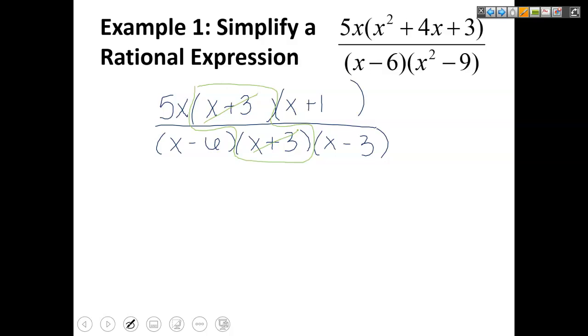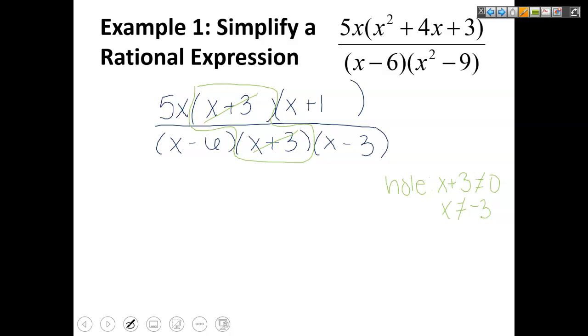Removing it also removes it from our domain though. So that will create what we call on our graph a hole. So now x plus 3 cannot equal 0 anymore, meaning that x cannot be negative 3. It removes x equals negative 3 from my domain.